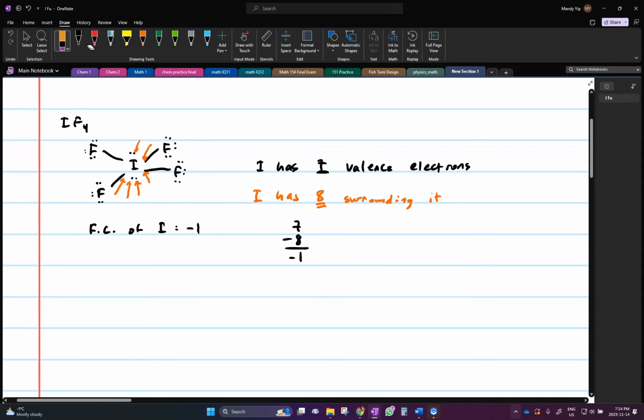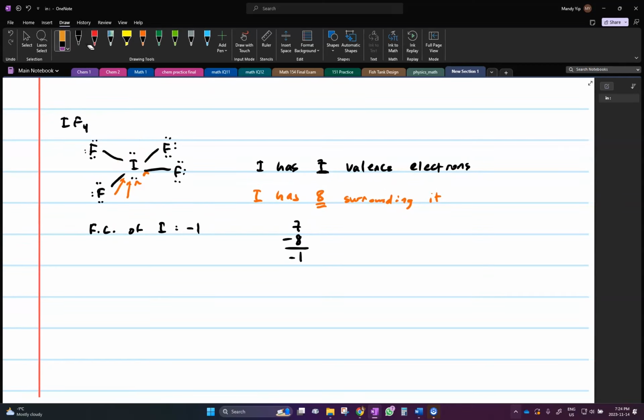Now, I'm going to erase this. So -1. Now, if we look at fluorine, fluorine has 7 valence electrons as well. And so let's look at this top fluorine here.